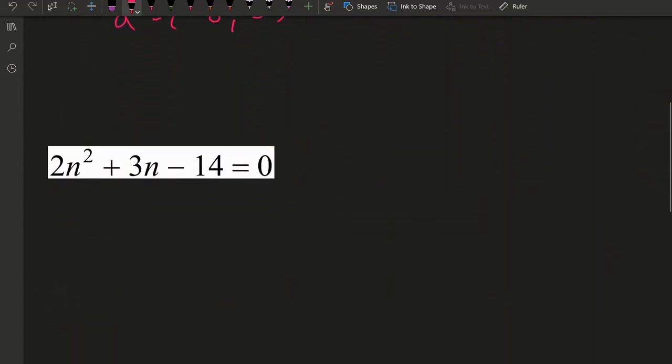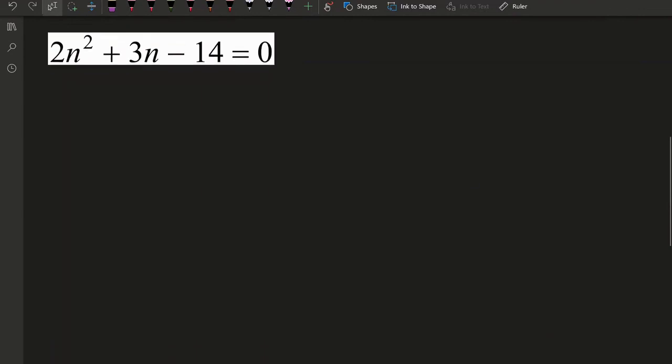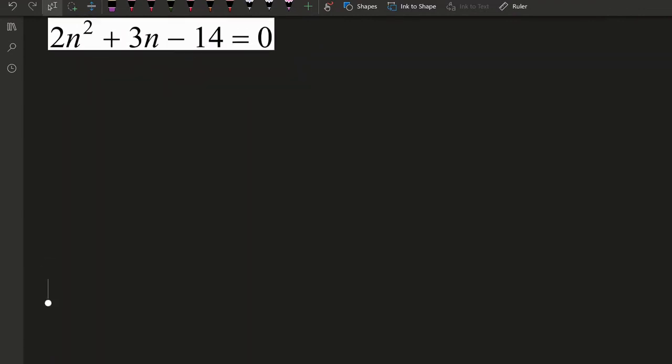Now, let's go ahead and crank up the difficulty a little bit more. We're going to see here that I'm starting off with a leading coefficient. Now, I'm not going to treat this any differently than I did before. I don't want the leading coefficient to be there, so I'm just going to divide everything by 2.